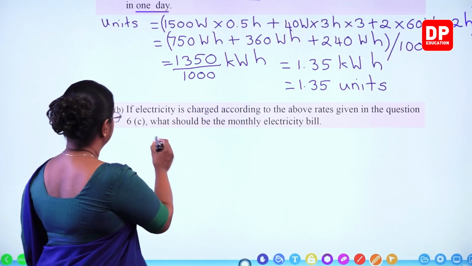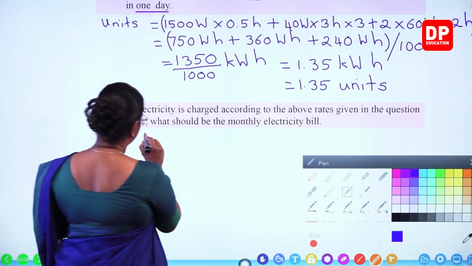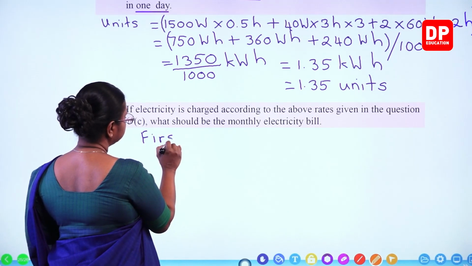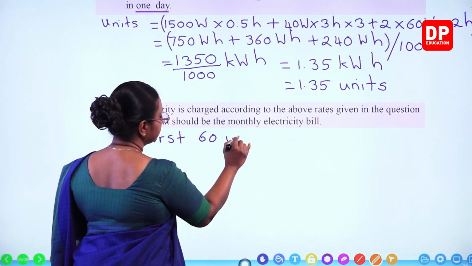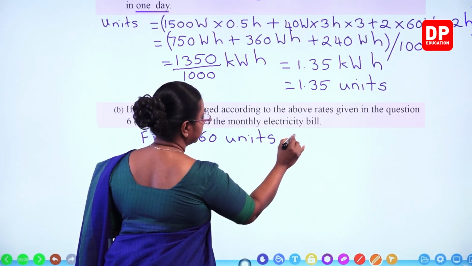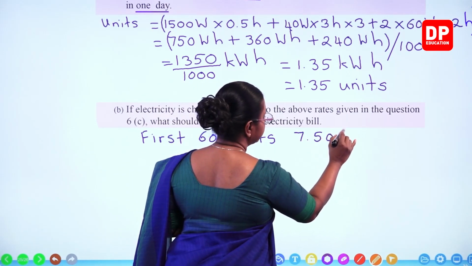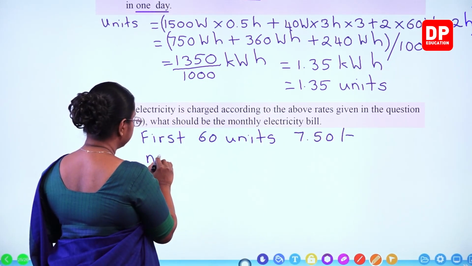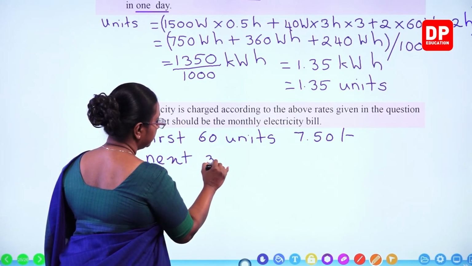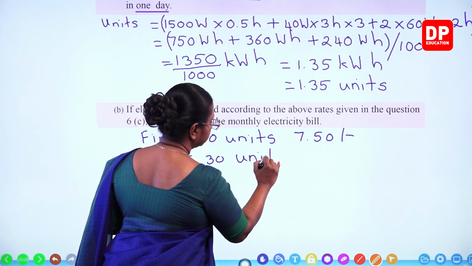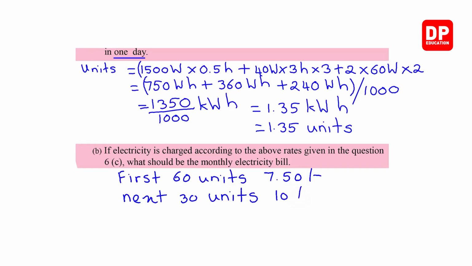So here if we write that, first 60 units 7 rupees and 50 cents and the next 30 units 10 rupees. So here how many units are there?